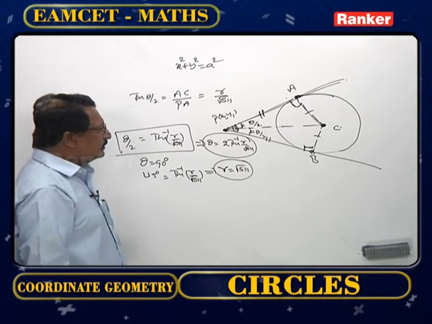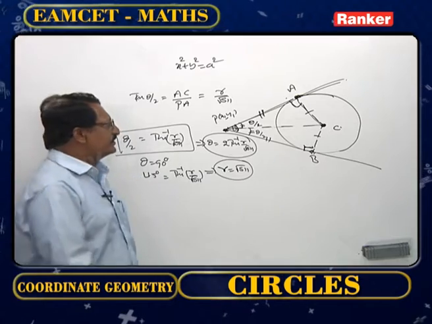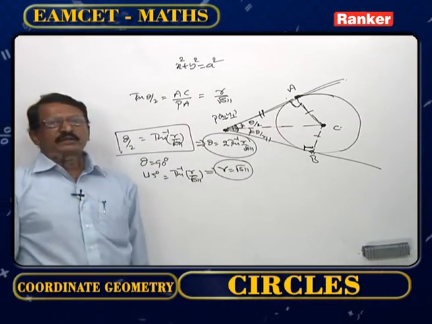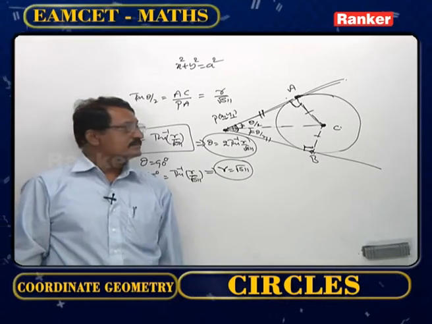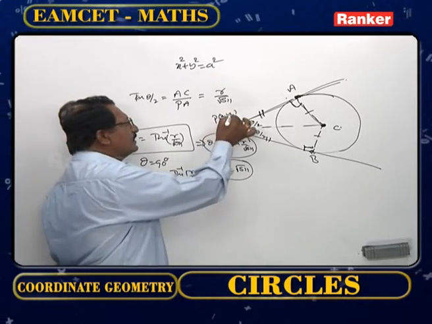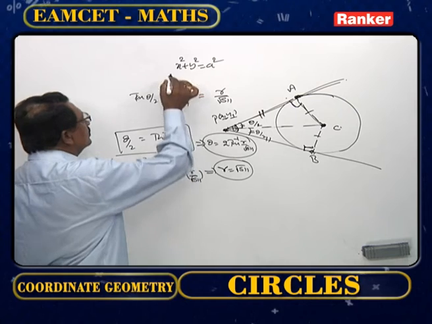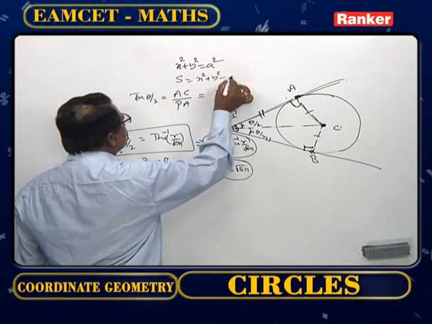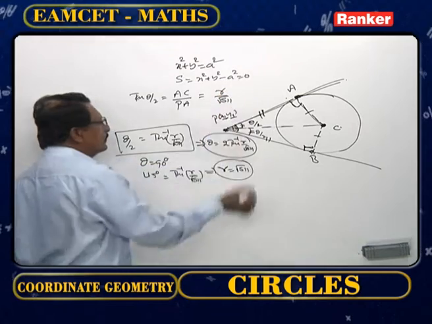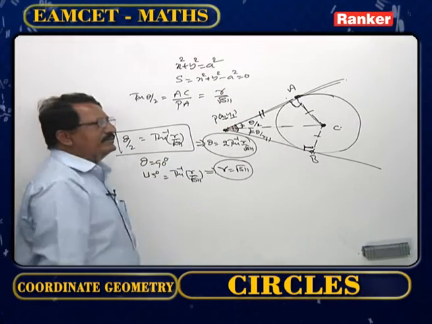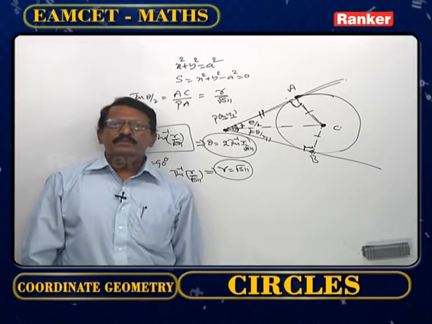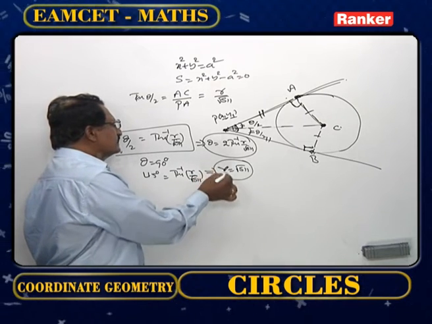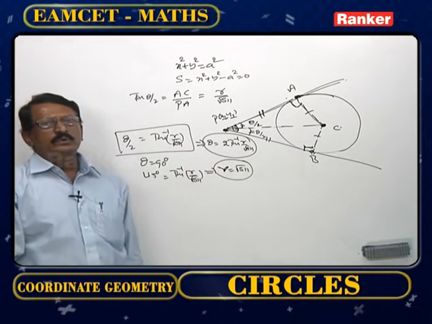Now we require the locus of the point of intersection of perpendicular tangents. Consider (x1, y1) as the point of intersection of perpendicular tangents to the circle S equals 0, where S is x square plus y square minus a square equals 0. Perpendicular tangents mean the angle between the pair of tangents is 90 degrees, so the condition is R equals root S11.